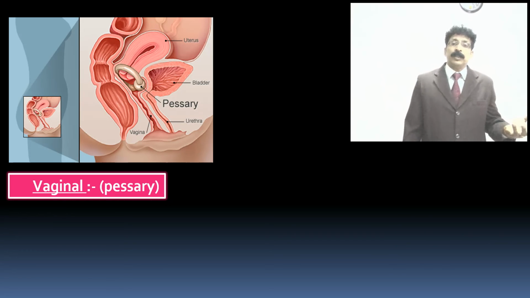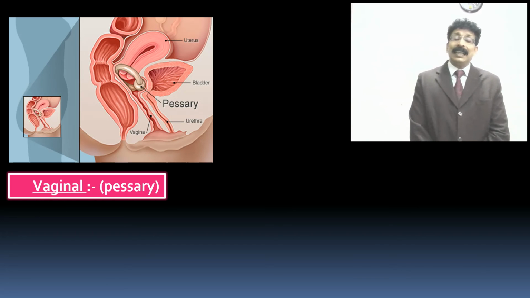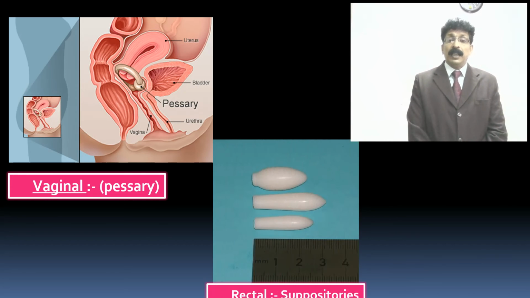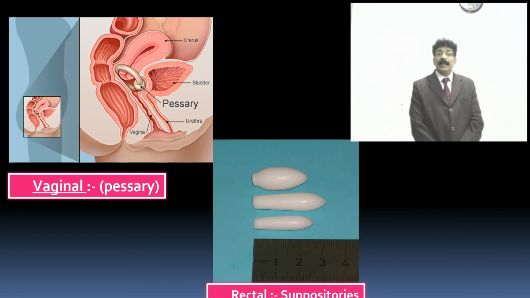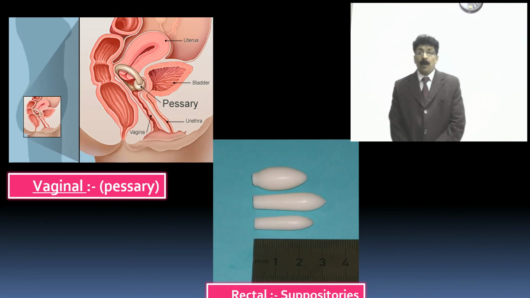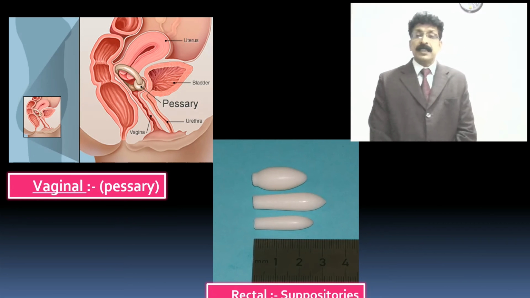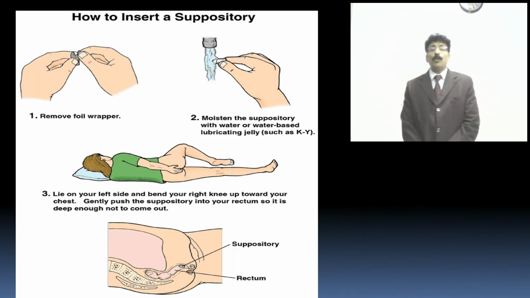So these are all inserts, and when it is a solid substance, you say vaginal pessary. Then rectal suppositories are available in different shapes, lengths and widths, as shown in the picture, in four different sizes in centimeters, and they can be inserted into the cavity. How to insert the suppository?